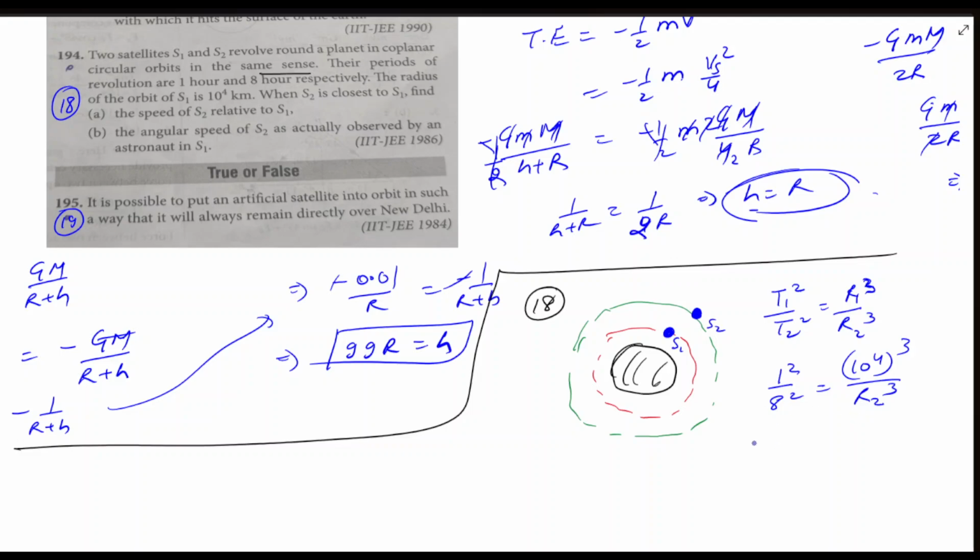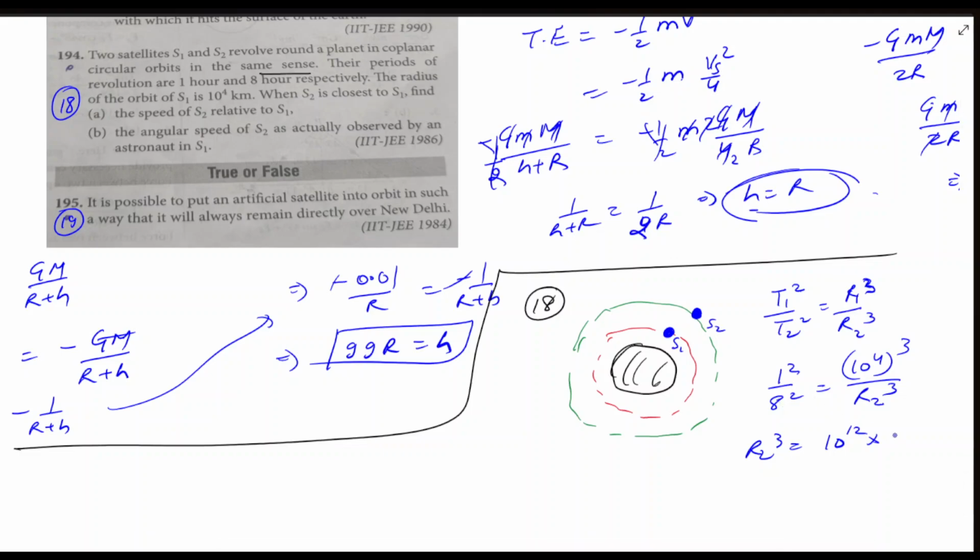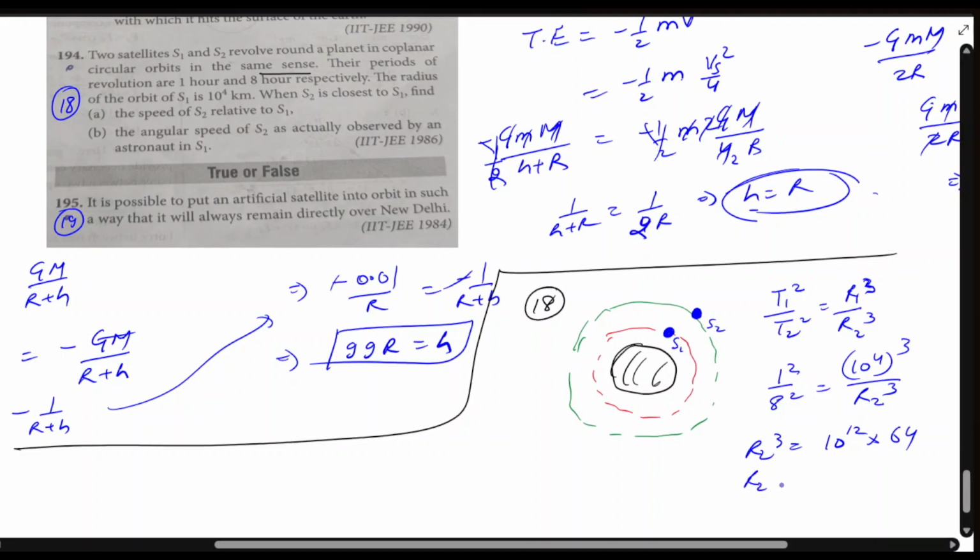So R2 cube will be 10 raised to power 12 into 64. So R2 will be 10 raised to power 4 into 64 to the power 1 by 3, which is 4. So we'll have 4 into 10 raised to power 4. This will be R2. So we got the R2.